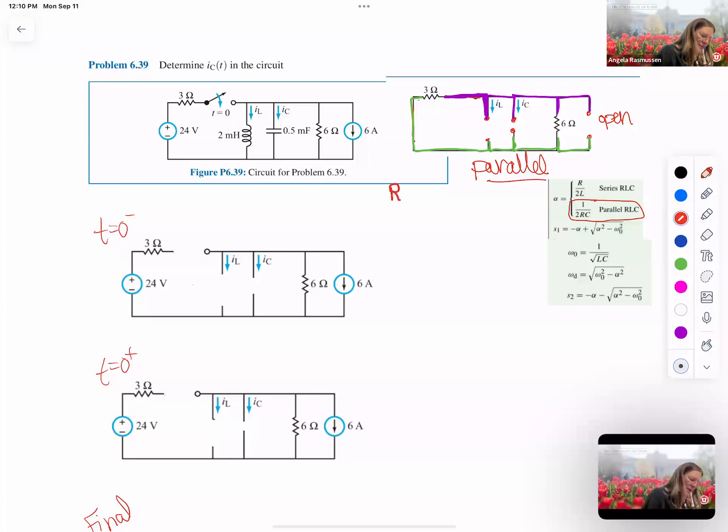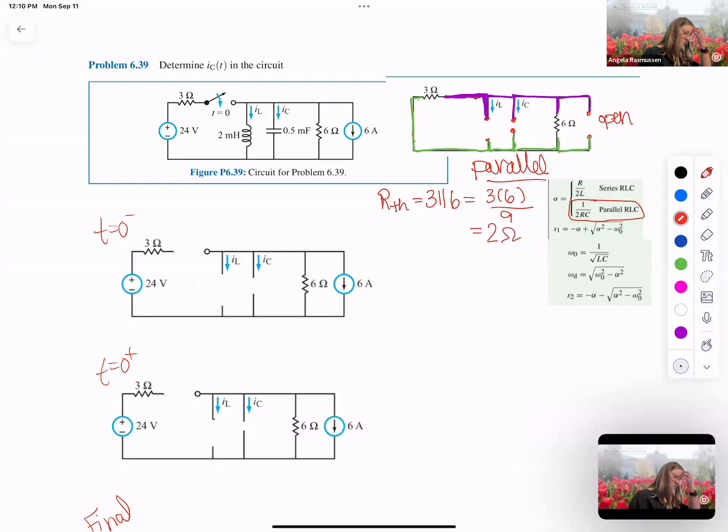So from this, I can see that my RTH is what? Three parallel with 6, correct. So 2 ohms.